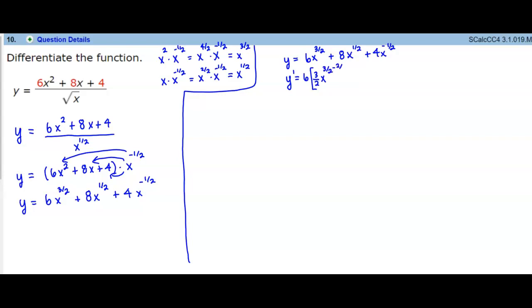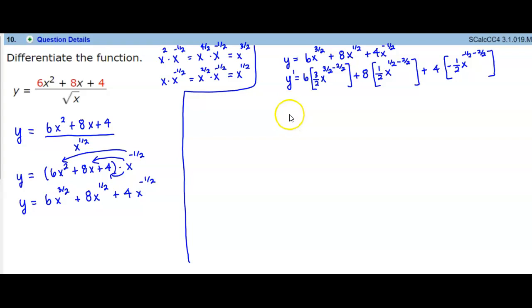Well, that's the same thing as 1 is 2 over 2. Plus, this is going to be 8 times 1/2 x to the 1/2 minus 1, which again can be written as 2 over 2, plus 4 times negative 1/2 x to the negative 1/2, and again minus 1, which is minus 2 over 2.